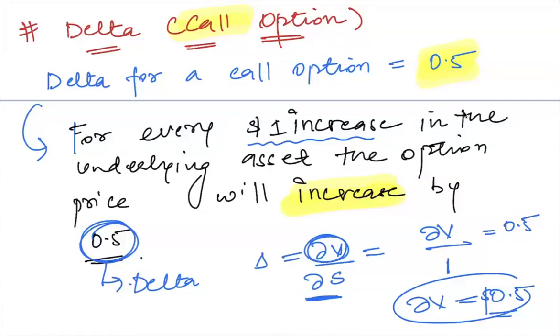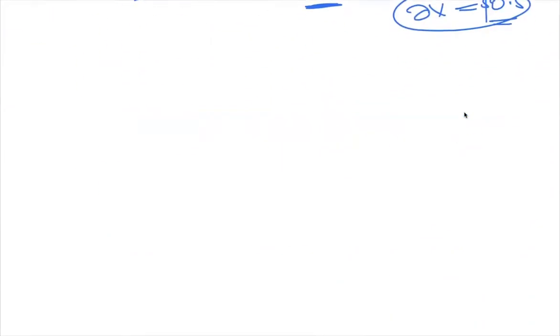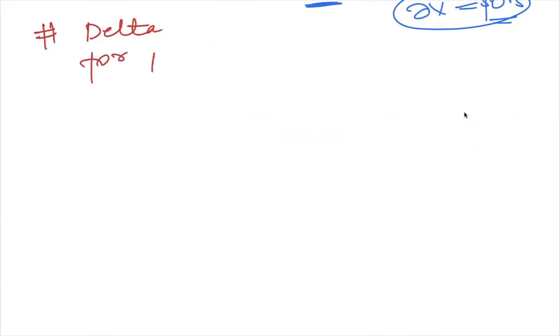Similarly, let's say the delta for a put is negative 0.5. What does this mean?